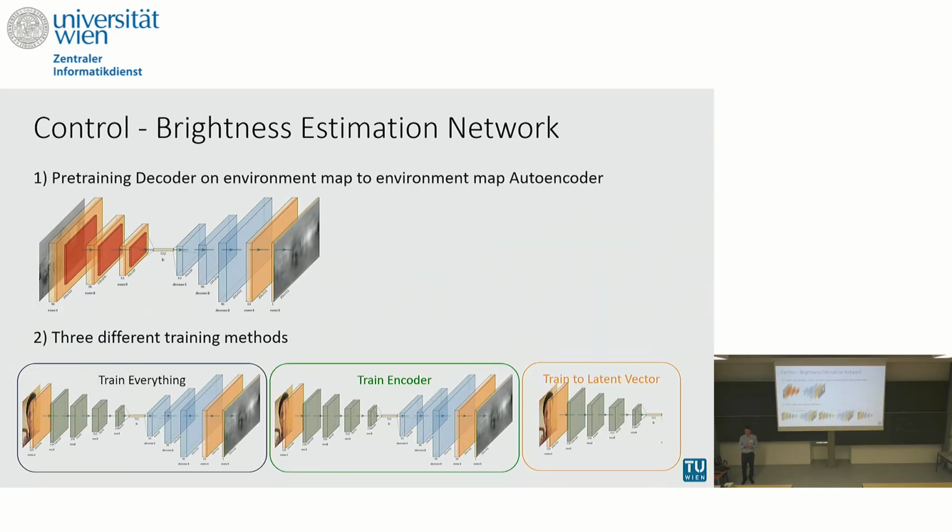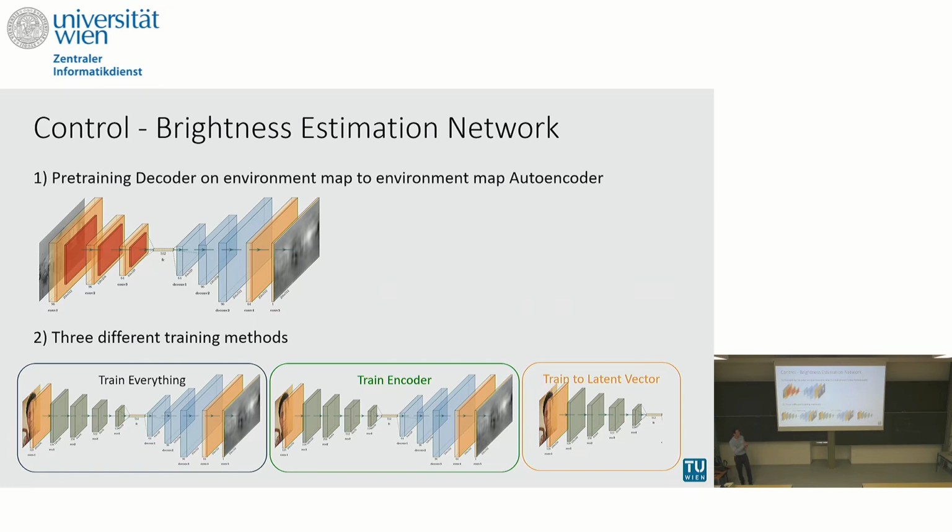And in order to do this, we first trained the autoencoder from the environment to the environment. So from the image to the image itself, basically. The reason for this was to train this latent vector in a way that it stores the illumination values, the directionality of the illumination, in a way that we can reconstruct it back again.